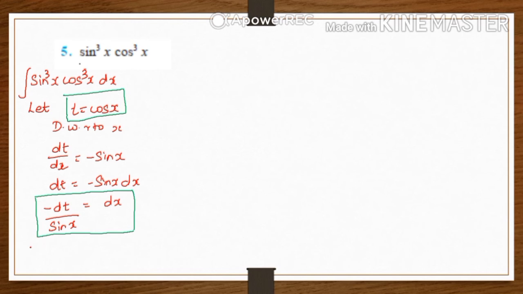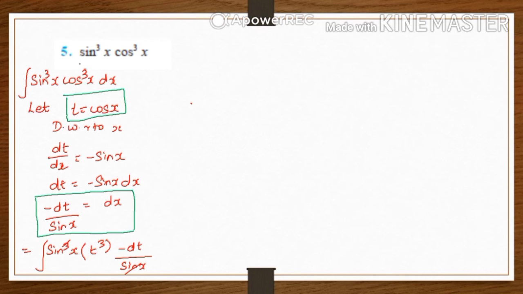So let us substitute. This is nothing but integral sin cube x into cos cube x, which is t cube, into dx. Dx value is minus dt divided by sin x.